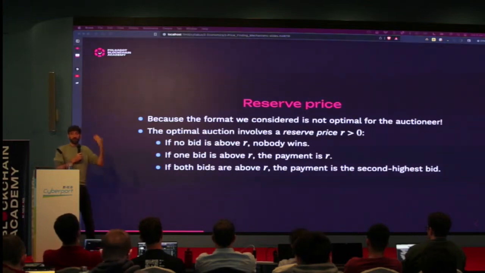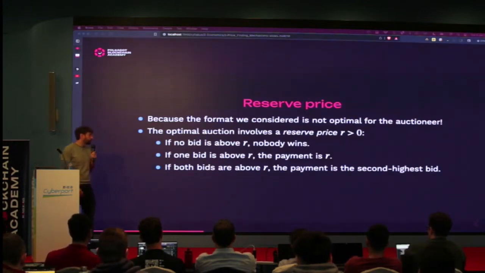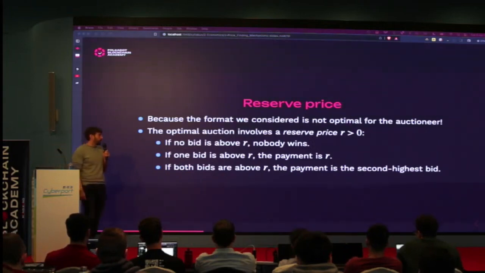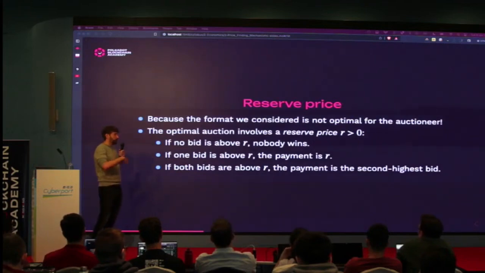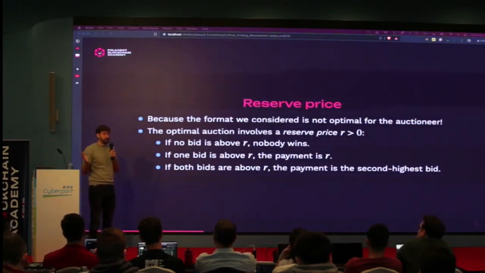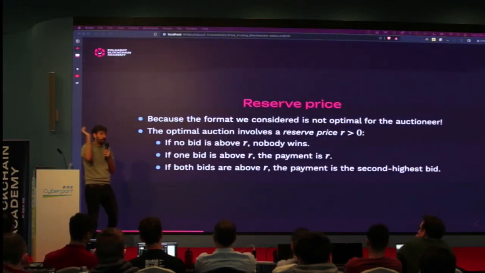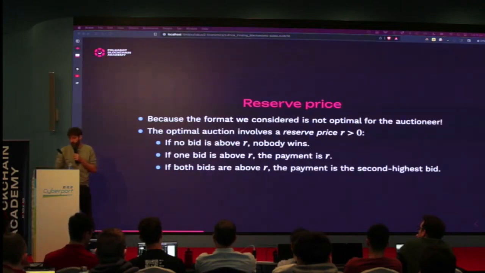So the rule still stays the same. If both bids are above R, the payment is the second highest bid still, and intuitively that means that R doesn't matter, right? Because both valuations are higher, R is somewhere at the bottom, so nobody cares about that.